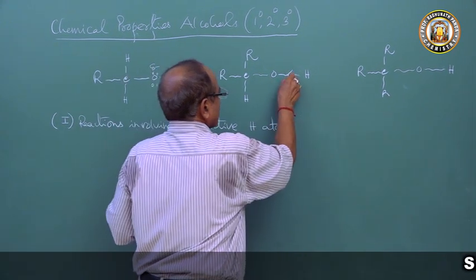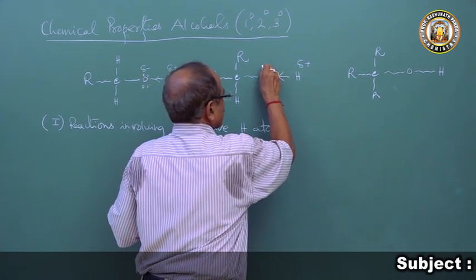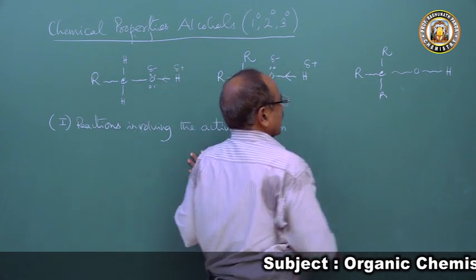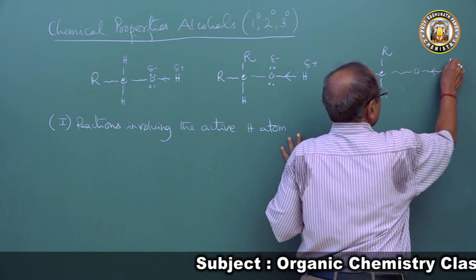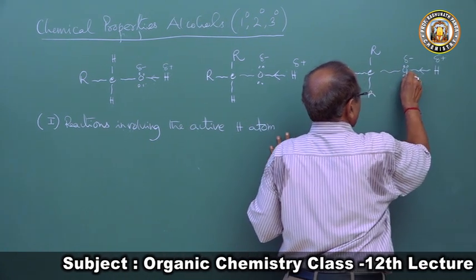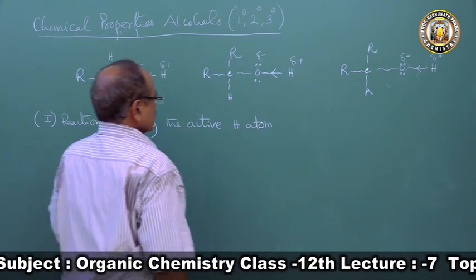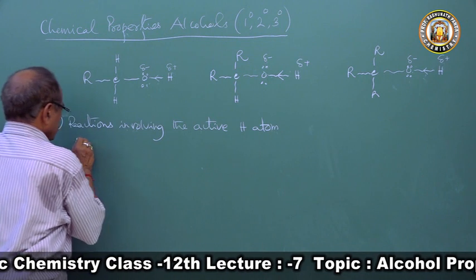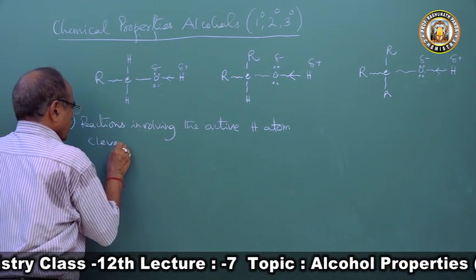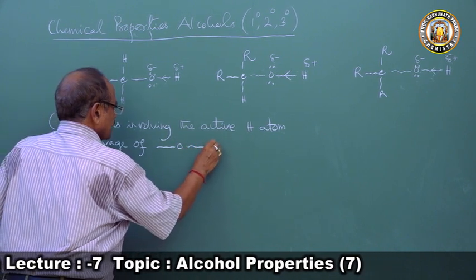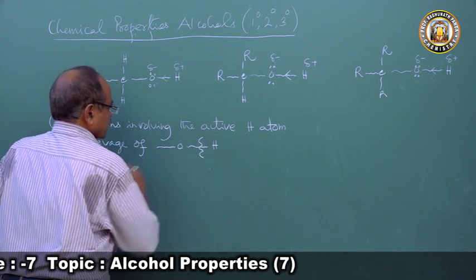Here also the same thing, it has delta positive charge, and this oxygen atom has delta negative charge. And here also it is identical, we have delta positive charge, delta negative charge and 2 lone pairs of electrons. That is the cleavage of the OH bond. This OH bond undergoes dissociation.